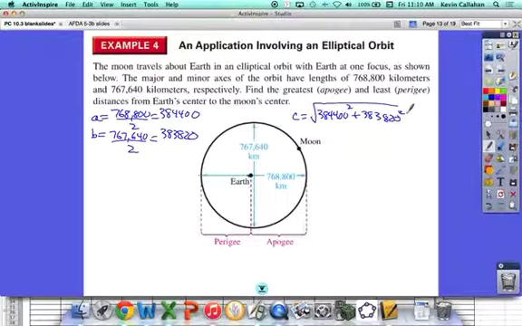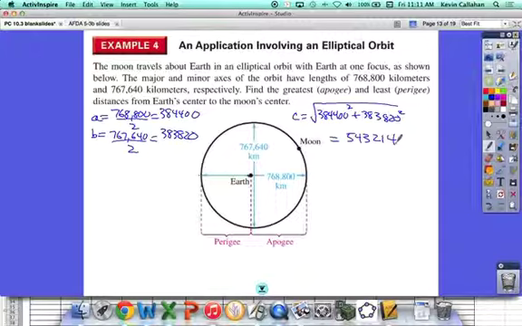So let's do that. Second square root, 384,400 squared plus 383,820 squared. I'm getting 543,213. I'm going to round it off, 214. So C equals 543,214.